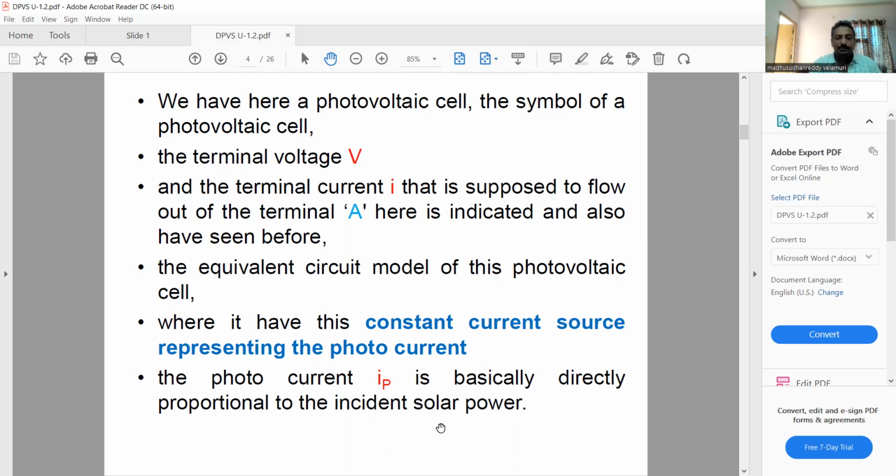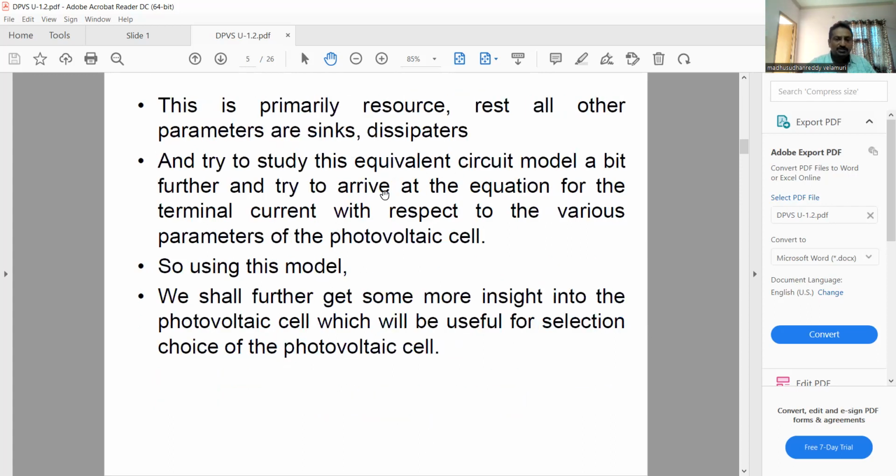Photocurrent is directly proportional to the incident solar power, how much power is being generated and delivered from your solar cell. Remember, the diode acts as a sink, but whenever you apply the photocurrent, that sink becomes a source.